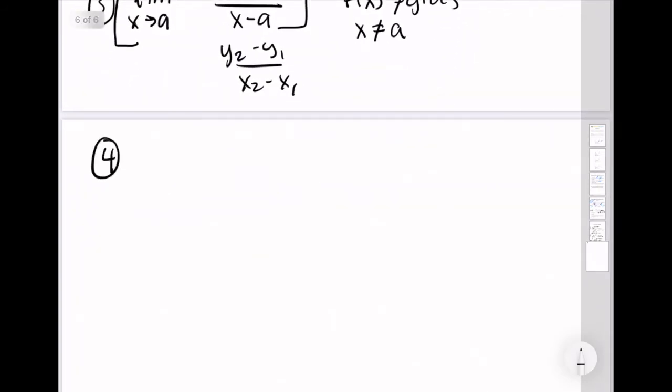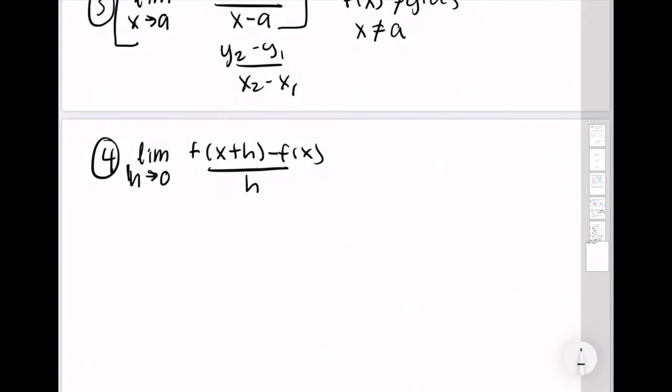Several times I've come across questions where I have to use this next formula, and I would get so confused because for some reason I just always forgot about this one. That's the limit as h goes to 0 of f of x plus h minus f of x over h. There is a way to derive this. You don't necessarily have to memorize it. You can derive it and actually figure out mathematically what this equation is.